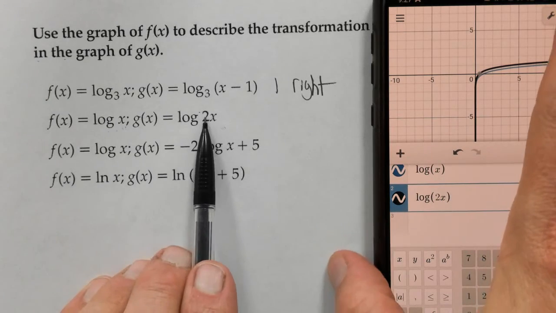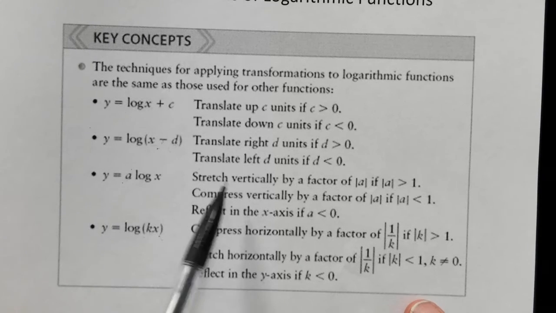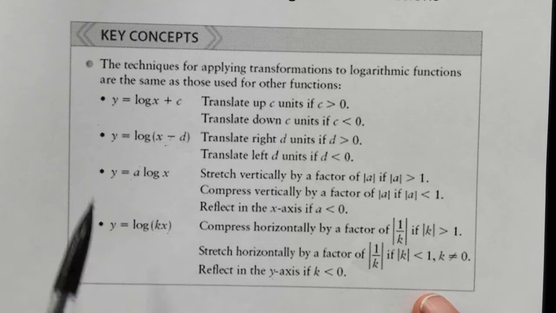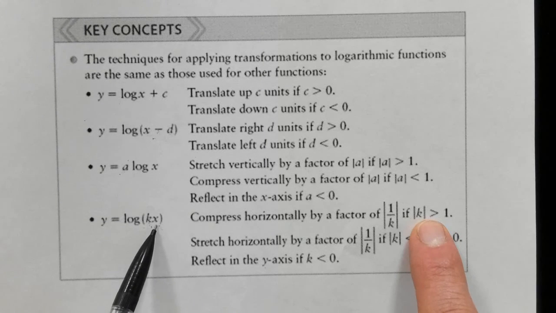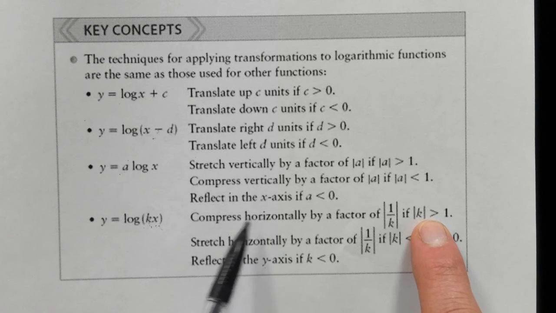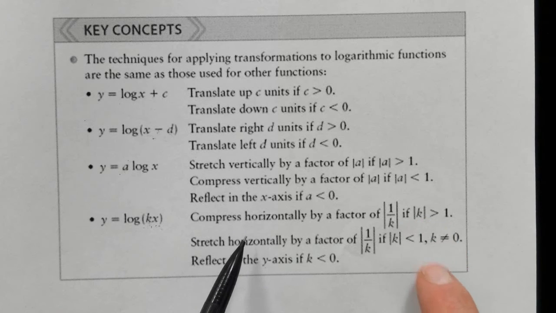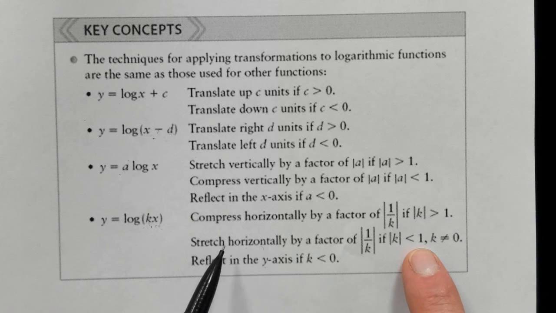Well, remember, when you're multiplying directly to the number here, if that number is greater than 1, then it's going to be a horizontal compression. If it's less than 1, it's going to be a horizontal stretch.